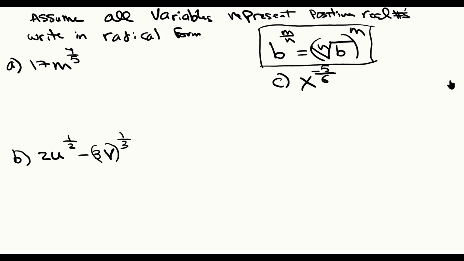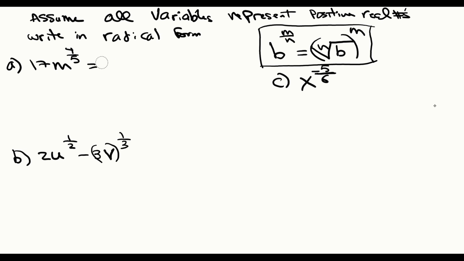So notice that here in the first example, the 17 is not being raised to the power of 4/5, only the m is. So that's a common error where students put the entire 17m under the radical, but here 17 is simply a factor and it's going to carry. So the only power here is m to the 4/5.